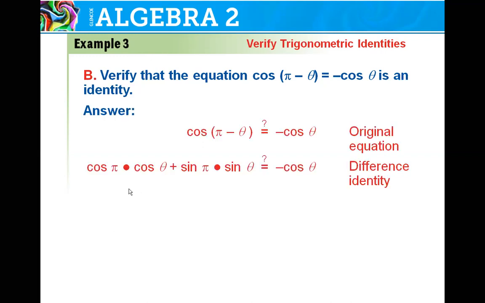So cosine pi, which is 180, multiplied by cosine theta plus sine pi times sine theta equals negative cosine theta.